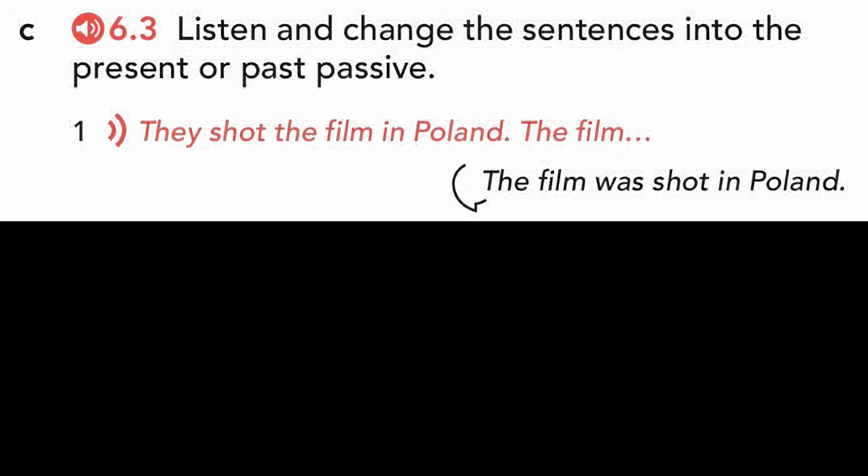6. He drew this picture in the 15th century. This picture was drawn in the 15th century. 7. They record the music in a studio.